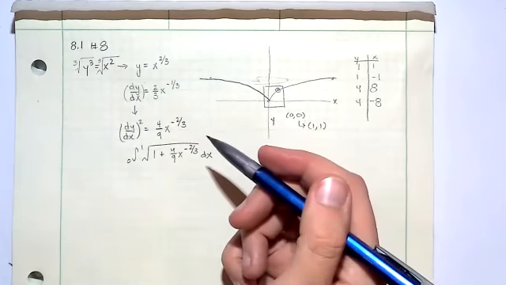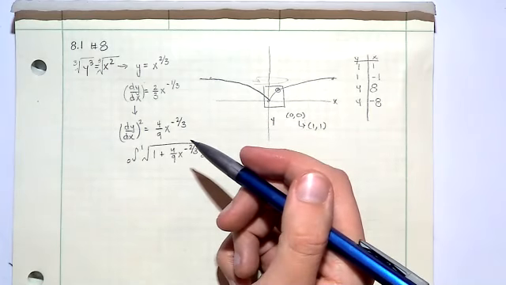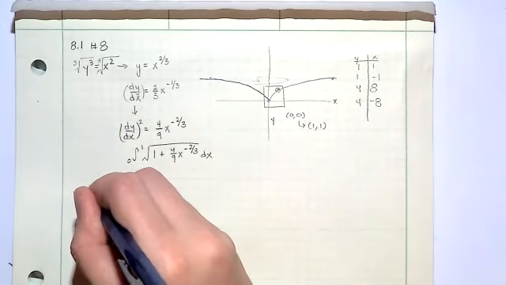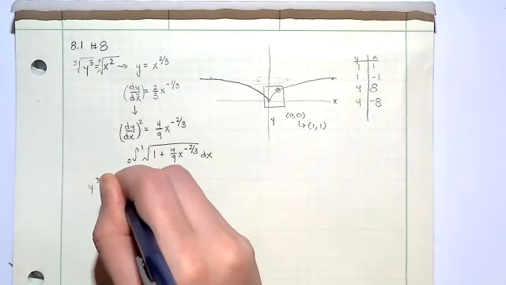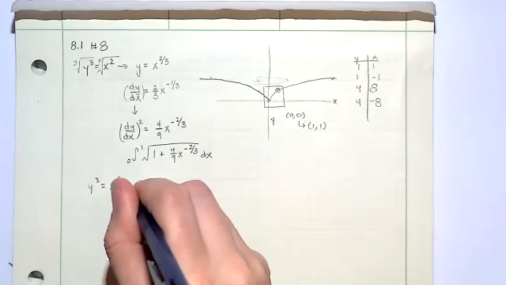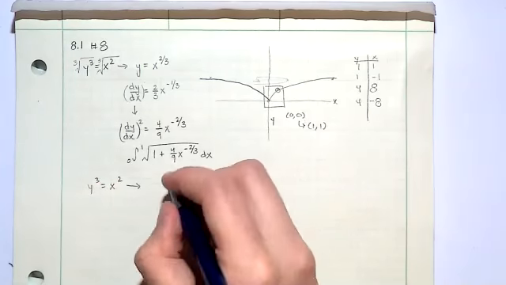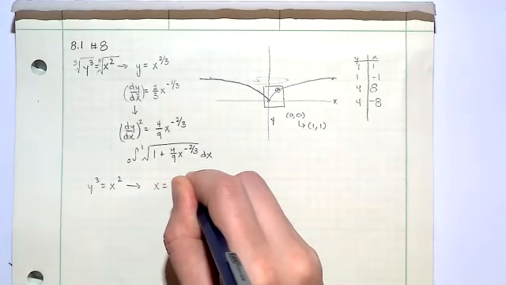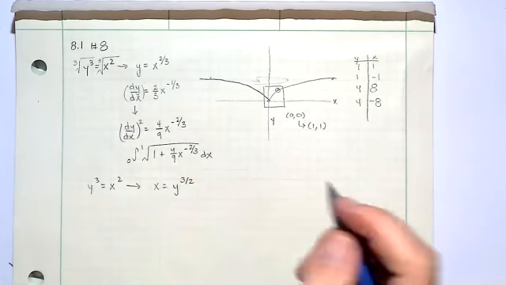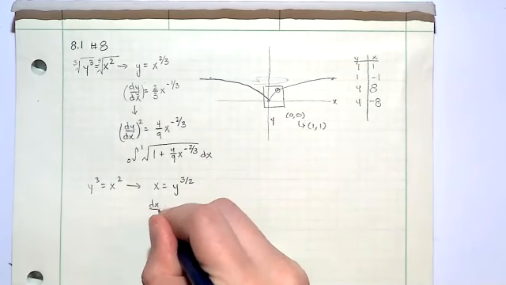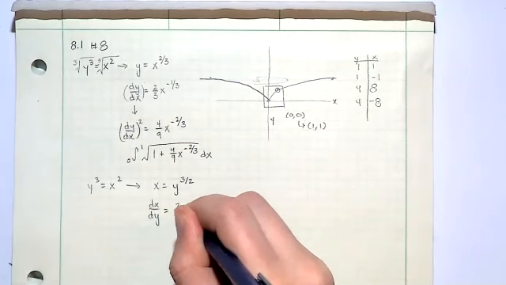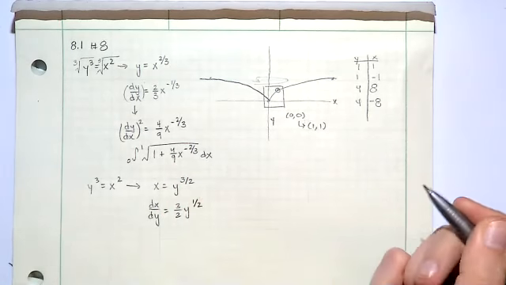If we want to write this so that we have a dx dy, we need to go back to our original y cubed is equal to x squared. So we want to write this in terms of y, which means that we have x is equal to y to the 3/2. And so then our dx dy is equal to 3/2 y to the 1/2.